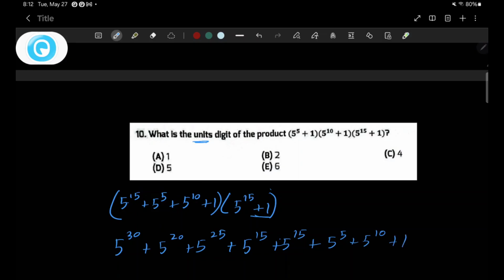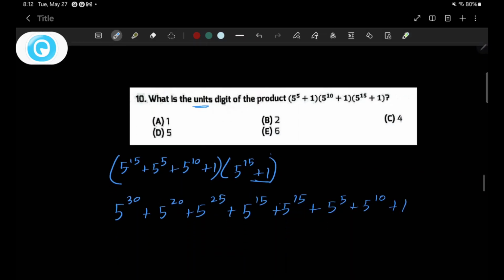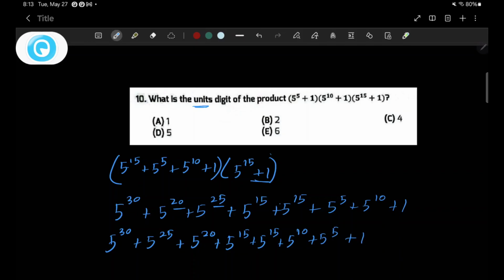Okay, now let's put all the like terms together. 5 to the power of 30, there is no other 30. 5 to the power of 25, there is only one. Then 5 to the power of 20, there is no other 20. Then 5 to the power of 15 plus 5 to the power of 15 plus 5 to the power of 10 plus 5 to the power of 5 plus 1.